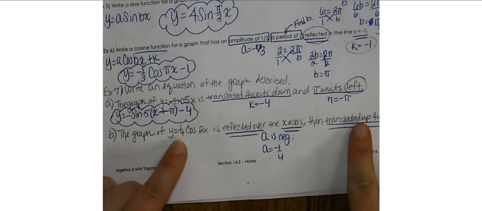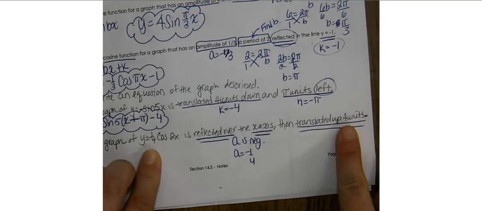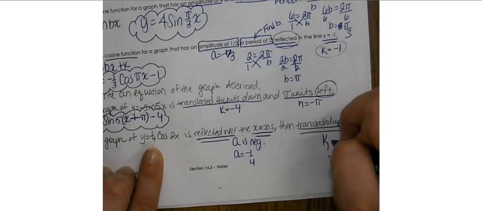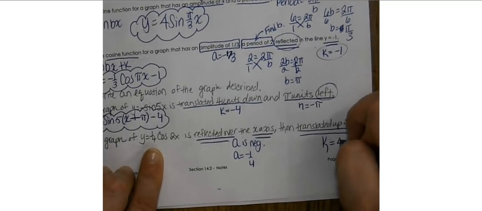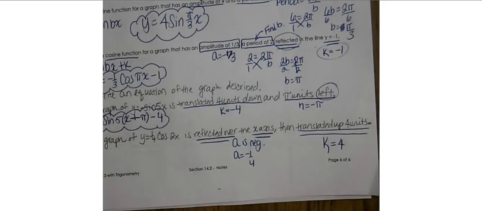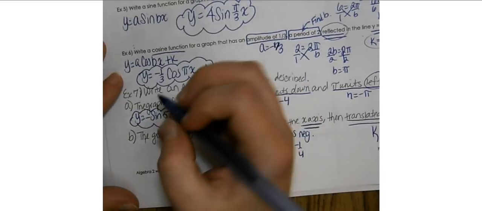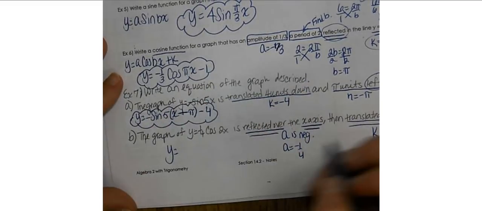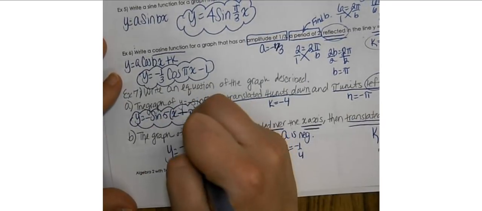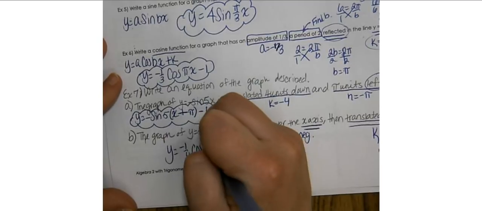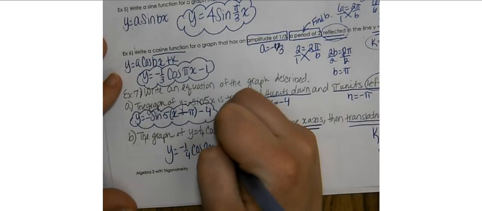And it's translated up 4 units, which indicates that k is going to be equal to 4. I have no information about h, so that indicates that I'm not going to have parentheses in this problem. So I'll have y is equal to -1/4 times the cosine of 2x and then plus 4.